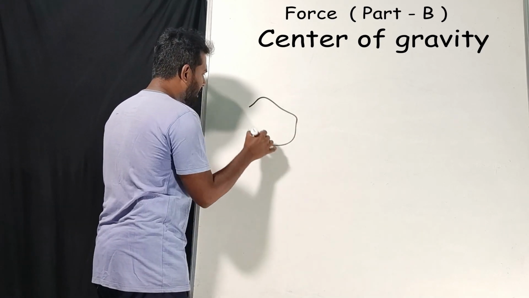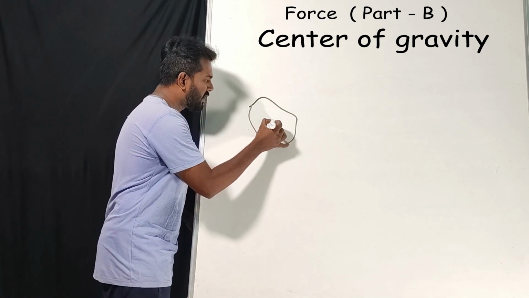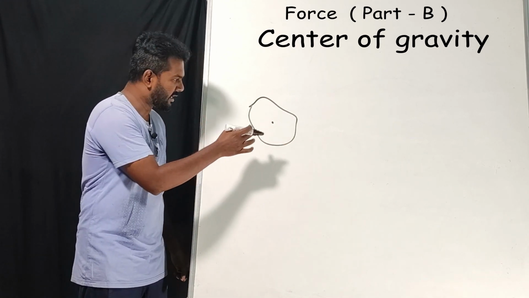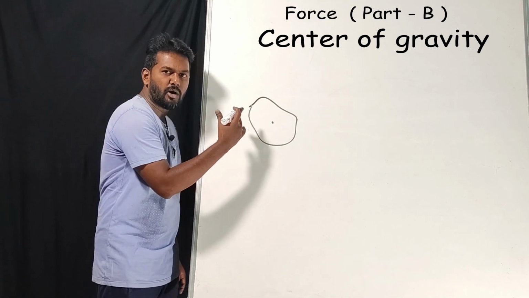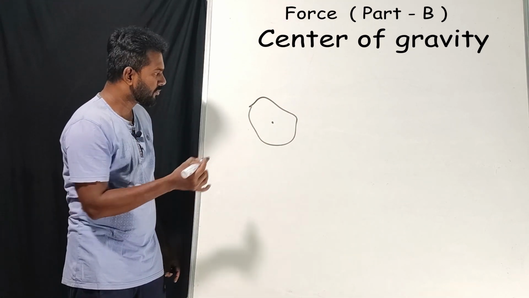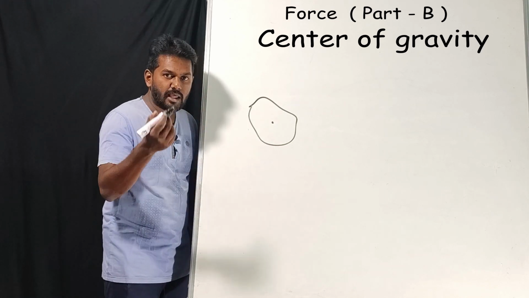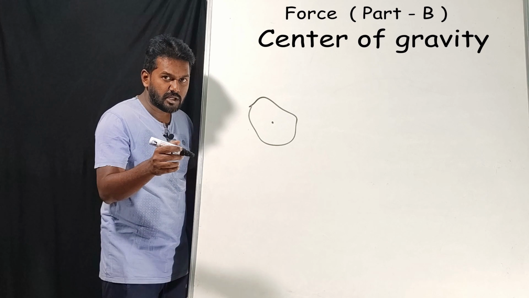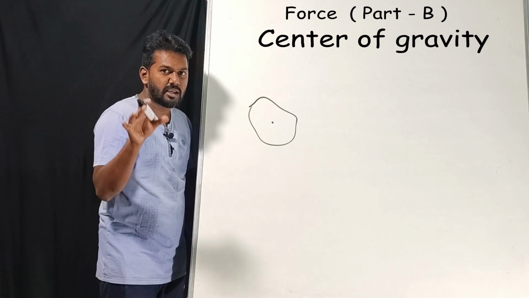Assume you take any object with any shape. Assume this is the center of gravity. Assume we don't know the center of gravity of this object, that we will learn how to find. We need to understand the meaning of center of gravity. What did I tell? It is a point at which the algebraic sum of the moments of all the weights is 0.